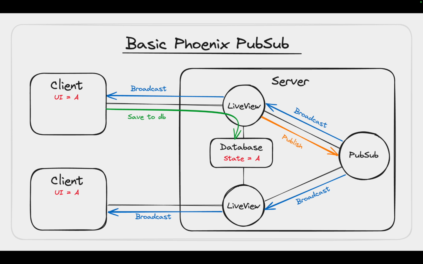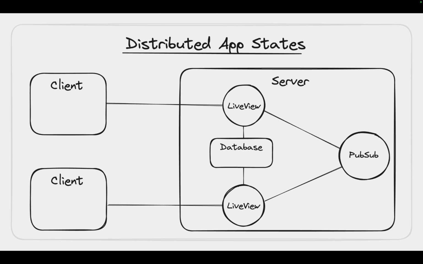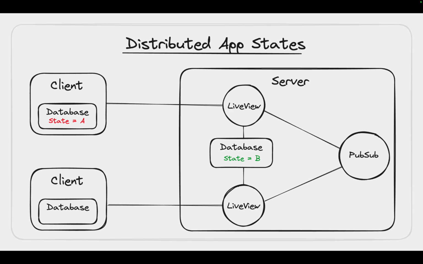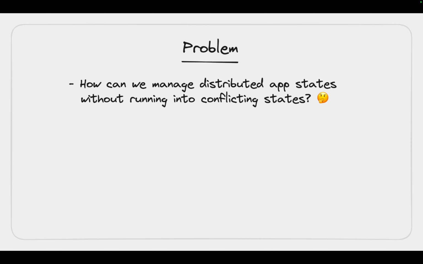This works great when we have a single database and everything is connected via WebSockets. However, in our offline app, we have multiple databases, and each database potentially can have a different state. So, how do we manage this problem where we have distributed app states without running into conflicting states?